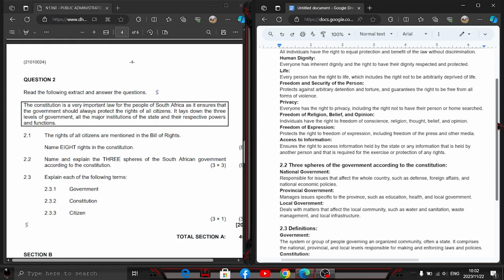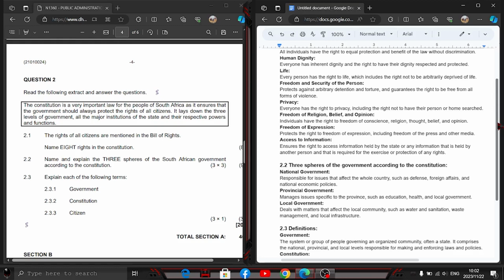If you think of provincial governments, think of all the governmental departments, like your Department of Labor, your Home Affairs, all those departments. Those departments are part of provincial government. They are responsible for managing matters concerning provinces, for example.